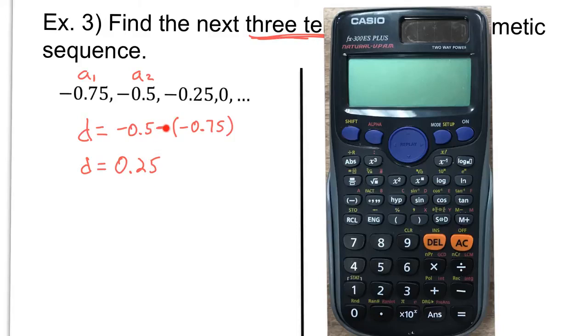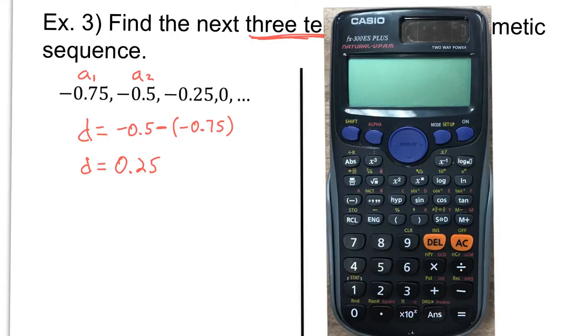So just double check if you have a negative or a minus here. So we have the negative and we have the 0.5. I press the minus and then I have parentheses here. You have open parentheses, close, and then I put negative 0.75, and you get the answer positive 0.25.